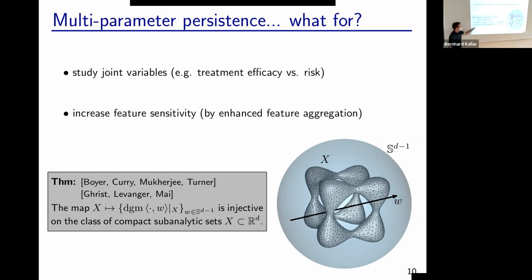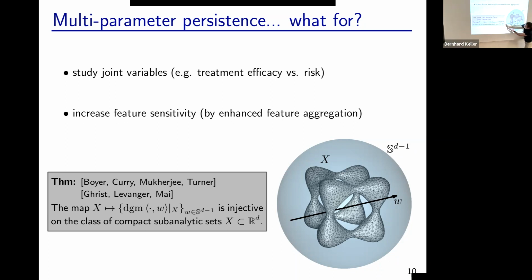Here's an example of a contribution that I found very interesting, from around the year 2015, which said the following. Suppose I am interested in subanalytic compact subsets of R^d, and I want to discriminate between them using TDA. How am I going to do that? Well, I could choose a direction and take the projection along this direction. Then my filtration would be just the sublevel sets of that projection.